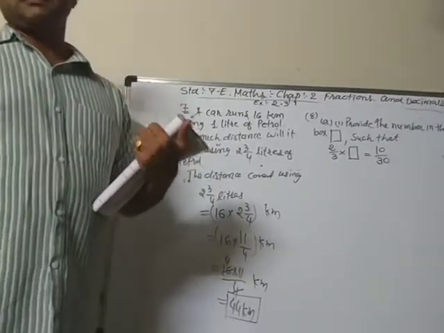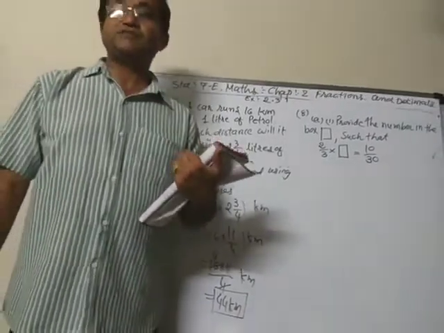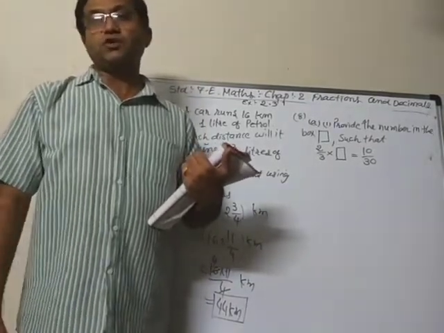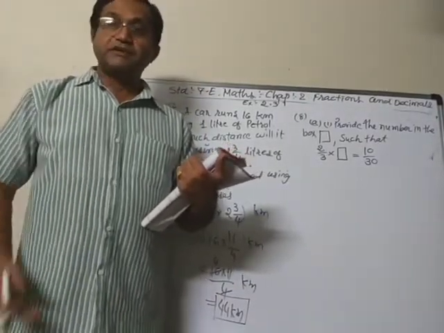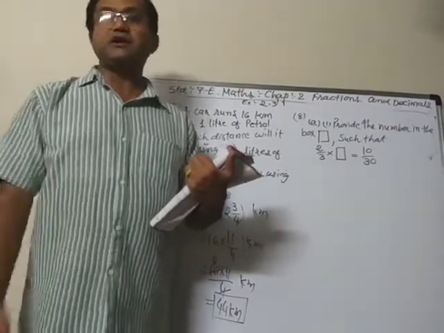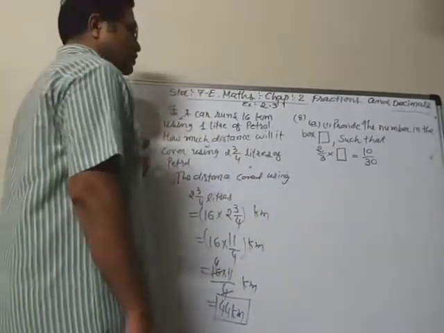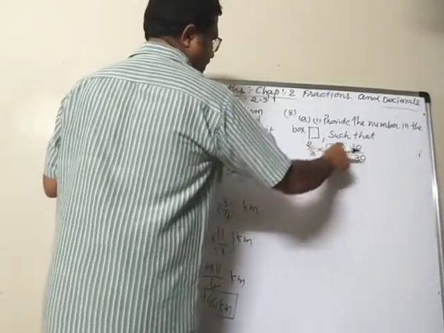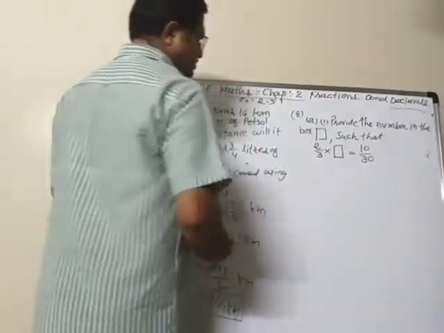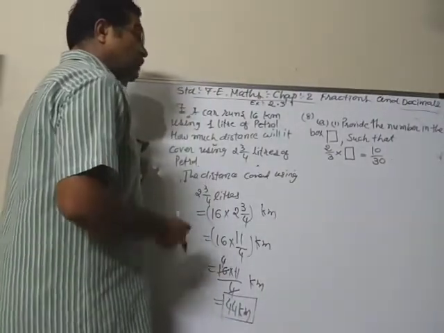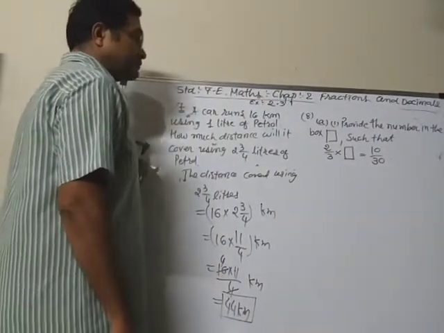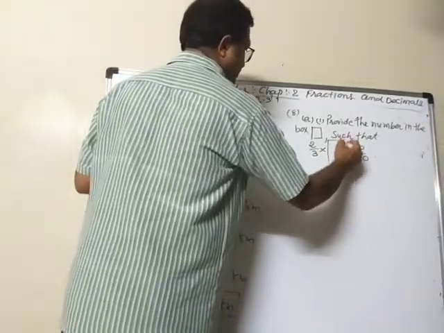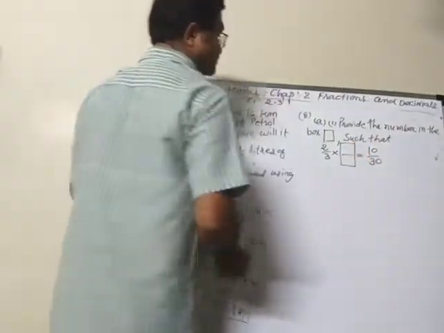Now we know that when we multiply the fractions, numerator will be multiplied to numerator, denominator will be multiplied in the denominator. So here you can see that 2 is here and in the product 10 is there. So what will be there in the numerator? Here we can make a big box so we can write down the answer directly in it also.